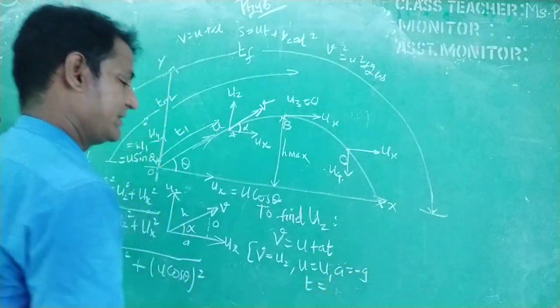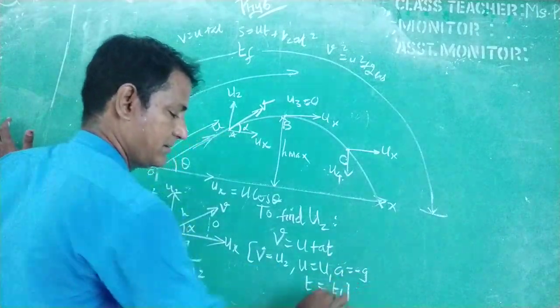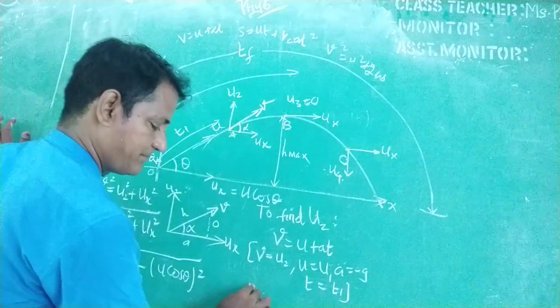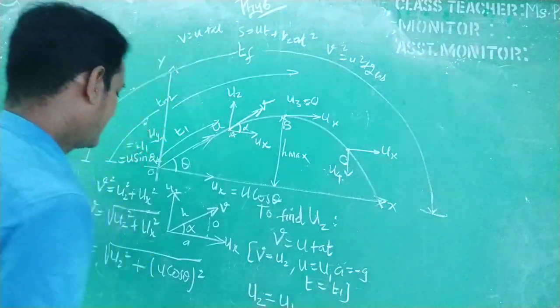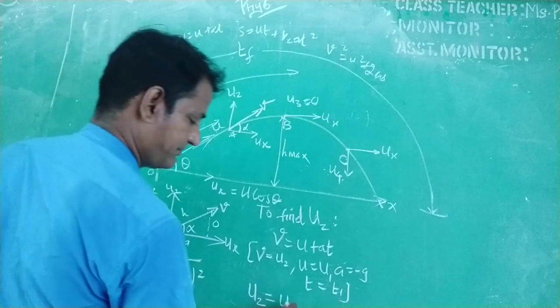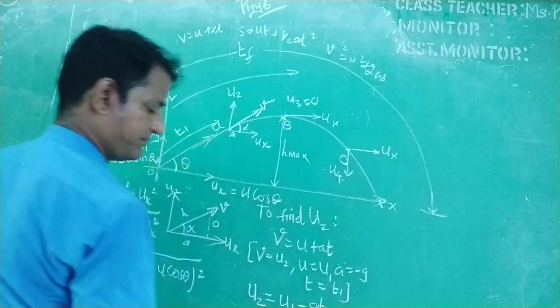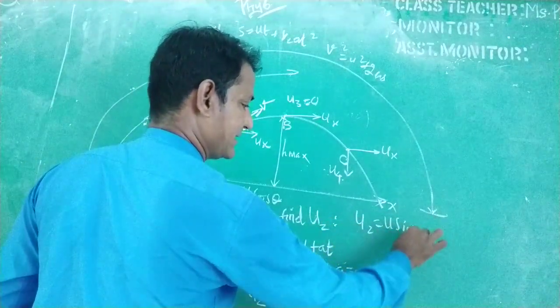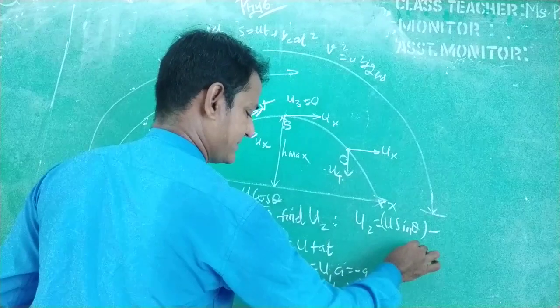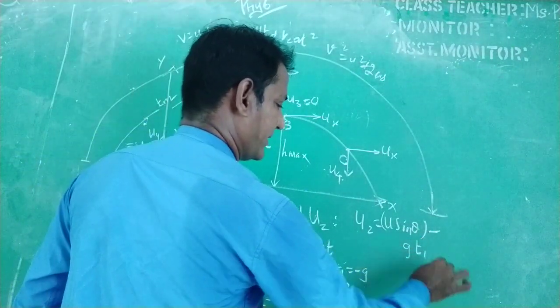t is equal to the time taken from this point to this point A, which is t1. So let me make this u2 is equal to u1, and u1 is also equal to u sine theta. So remember that, minus gt1. So again, u2 is equal to u sine theta minus g t1.